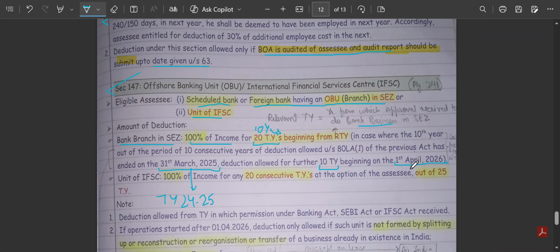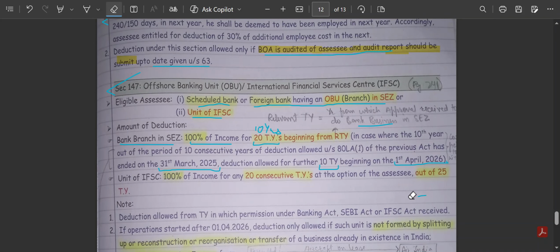But now in this exceptional case, they are getting a deduction starting from April 1st, 2026. Means from tax year 26-27, they will be able to enjoy a further 10 years of deduction. So they enjoyed 10 years deduction up to tax year 24-25, and in tax year 25-26 they did not have any deduction, meaning they would have paid taxes. And then starting from tax year 26-27, they will again get a further period of 10 years for enjoying these deductions. This is for the bank branch in SEZ.